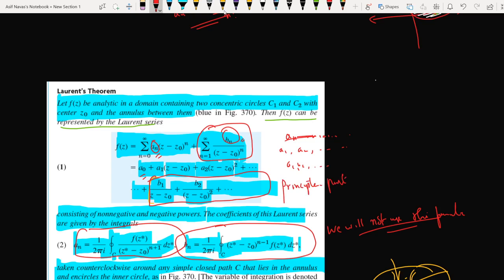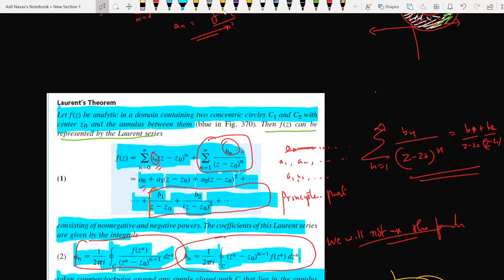The principal part of the Laurent series is sigma n equal to 1 to infinity b_n by (z minus z naught) to the power n, that is b1 by (z minus z naught) plus b2 by (z minus z naught) squared plus etc. Okay, so you get an idea about Laurent series.